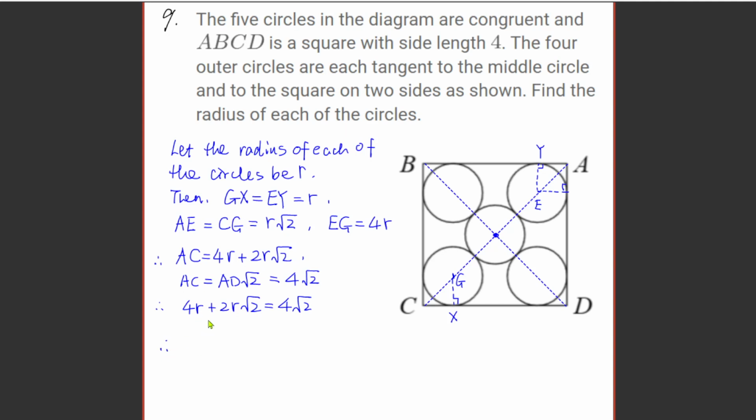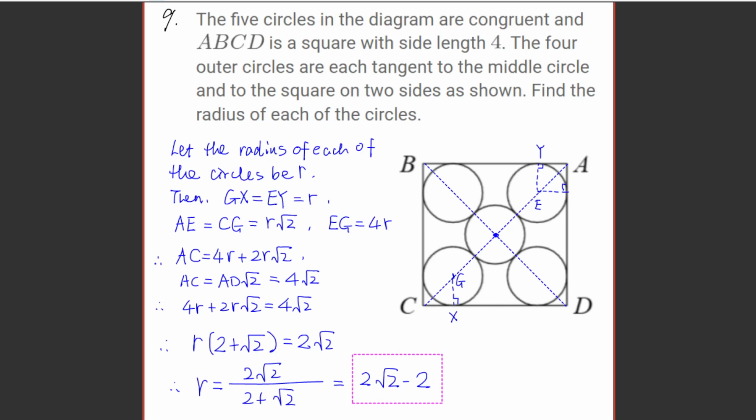And therefore we have r times (2 plus square root 2) equals 2 square root 2. So r can be solved, which is 2 square root 2 over (2 plus square root 2). Remember, we need to rationalize the denominator. So that gives us 2 square root 2 minus 2, right?